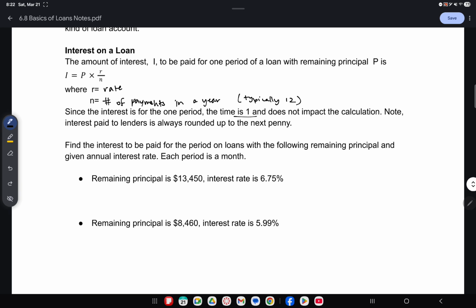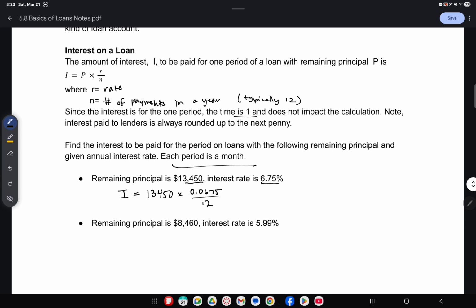All right, so we're going to find the interest on these. We have a remaining principal of $13,450 and an annual rate of 6.75%. So the principal is $13,450, and then we're going to multiply that by the rate, 0.0675, and each period is a month, so we'll divide by 12 for the months in the year.